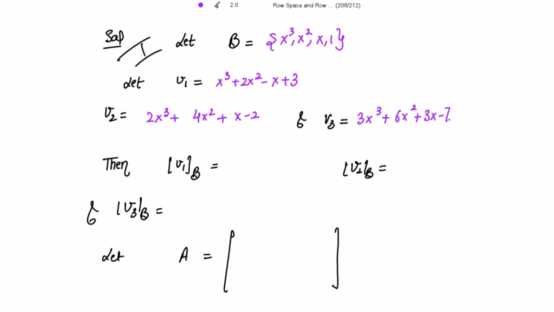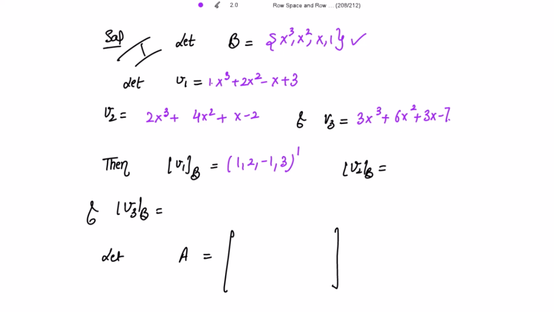Now writing the coordinate vectors of these given polynomials relative to these bases. The coordinate vector of V1 relative to these bases is just writing the coefficients, that is 1, 2, -1 and 3, transposed. That is the vector in a column format.